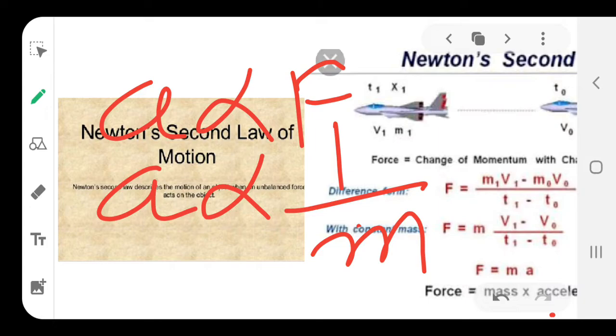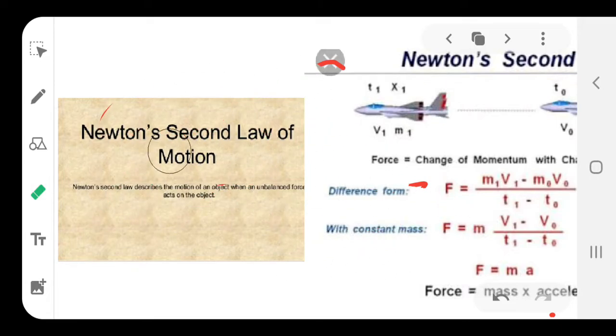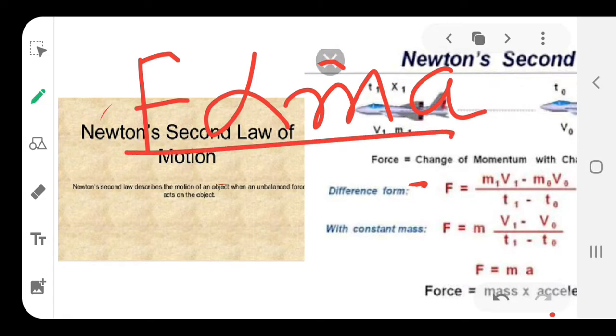Now, using these two concepts, we can formulate that force is directly proportional to mass times acceleration, just taking the respective terms and relating them.